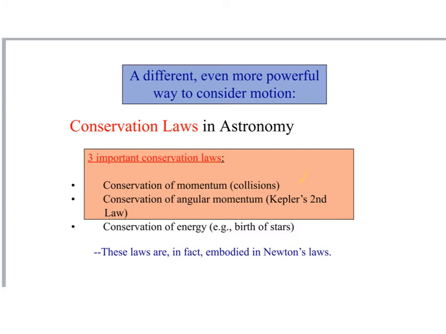Then the conservation of angular momentum, which is actually what Kepler's second law is about, even though Kepler had no idea about that. And then the conservation of energy and how, for example, that applies to the birth of stars and many, many other situations. So we'll see some immediate examples of how they apply to astronomy, and then use these laws over and over throughout the rest of this course.